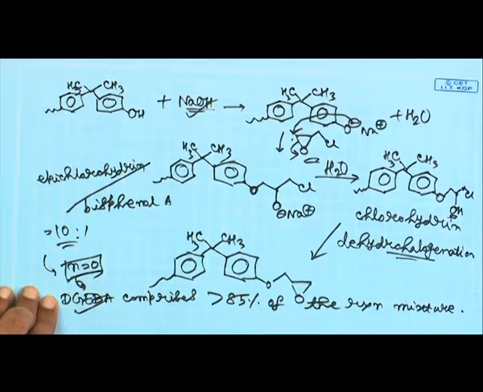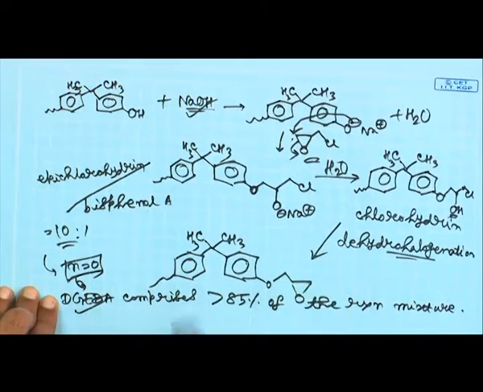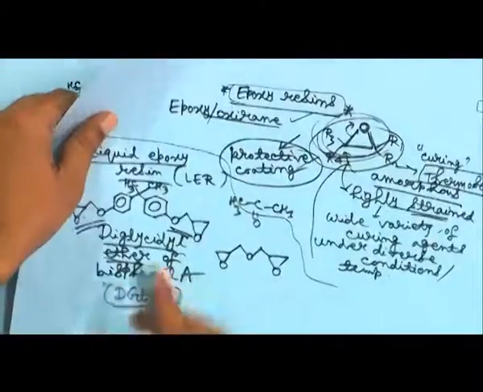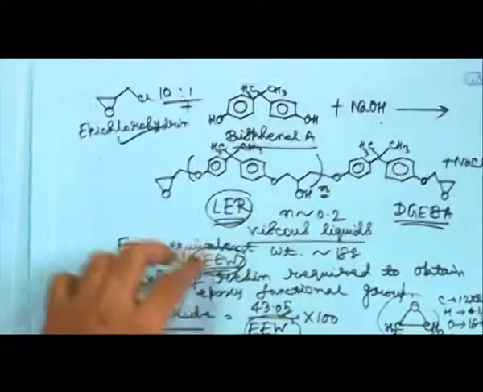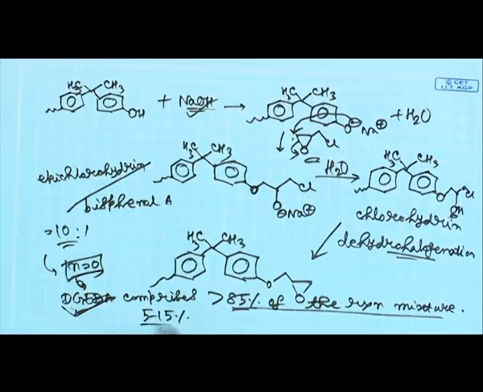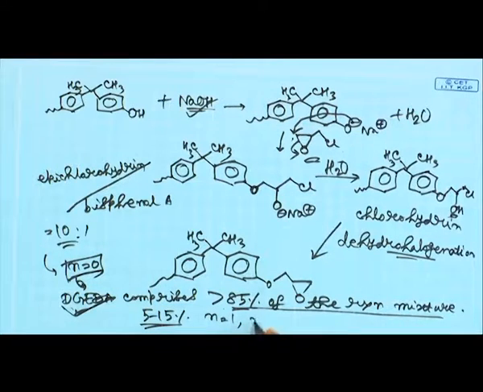Okay. And typically, this is your liquid epoxy resin preparation. So, more than 85% of the reaction mixture will be your diglycidyl ether of bisphenol A, which is this molecule. So, your N value is very small. I already told you N is quite close to 0.2, a very small value, and 5 to 15% of the rest will be higher oligomers, mostly N equals to 1 or N equals to 2 compounds.